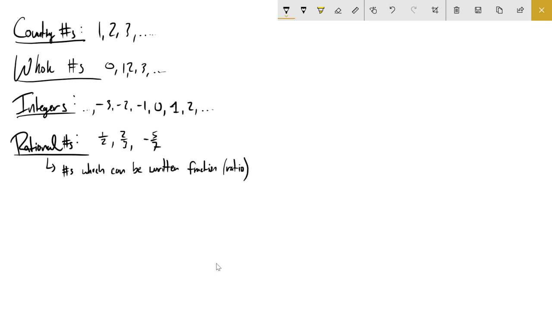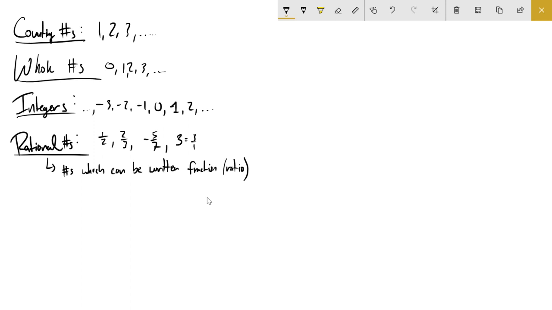Now, whole numbers are also rational. The number 3 is an integer, but it's also a rational number because 3 can be written as 3/1. As the groups get bigger, they still contain every group before it.